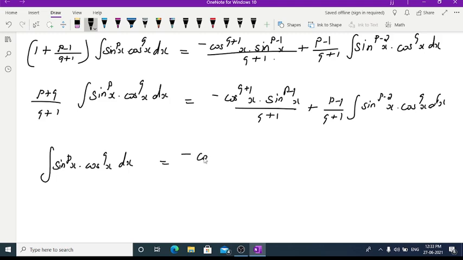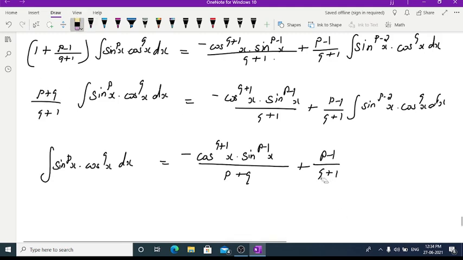Then this becomes minus cos raised to q plus 1 x into sine raised to p minus 1 x divided by (p plus q), plus (p minus 1) divided by (p plus q) into integral sine raised to p minus 2 x into cos raised to q x dx.